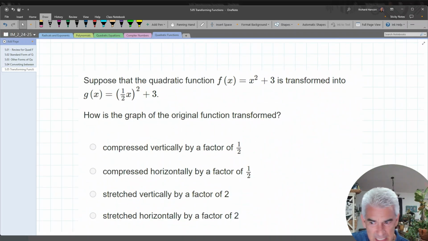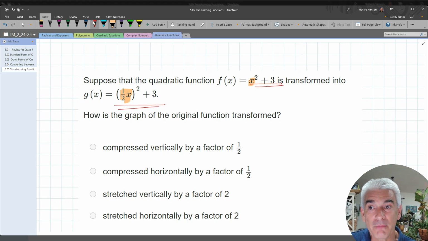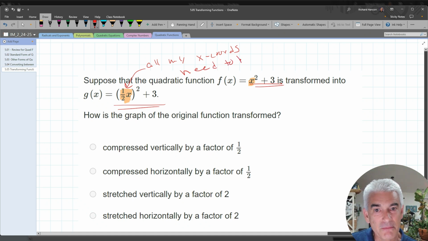So suppose this is transformed to this. Notice what change was made. They replaced x squared with (1/2 x) squared. Let's cut x in half, then square it. So this forces all of my x coordinates to be twice as big as they used to be, to have the same effect.